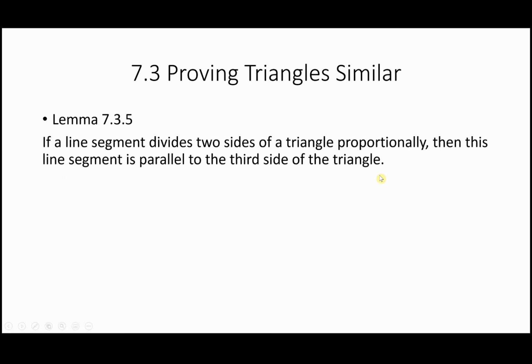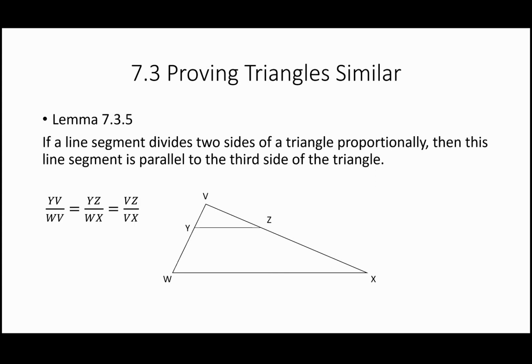So remember we had that other, I think it was also a lemma, that had us taking a triangle and connecting the midpoint of two of the edges and then making conclusions about the third edge being parallel to that midpoint connection line segment, and also twice the length. So we have a similar kind of relationship here where we just let this YZ, right? It's in proportion to that third length, right?